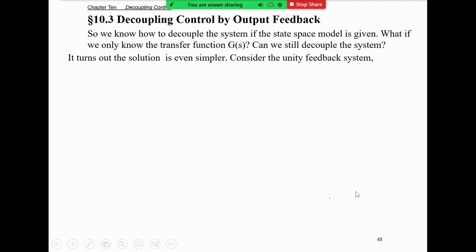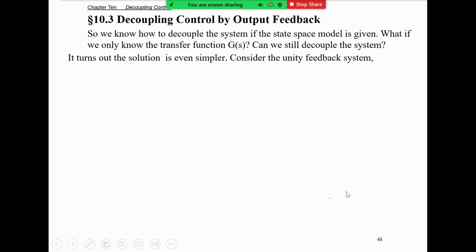Actually, the solution is much simpler than the state space approach, because for the state space approach, we spend a lot of time trying to express the transfer function matrix into a very special form. That takes a lot of effort because it's not familiar material you have learned in the past.